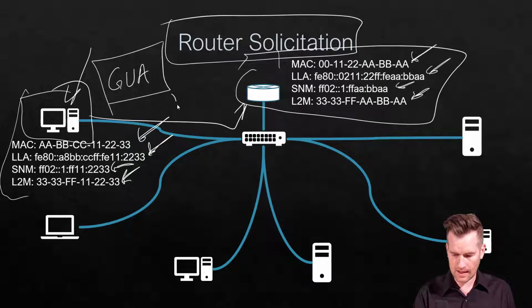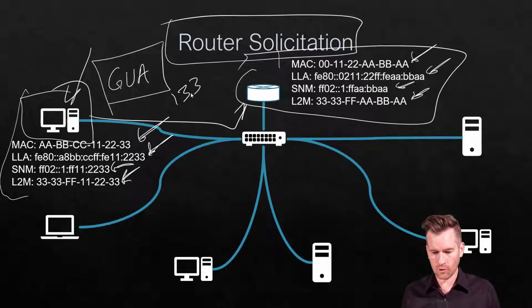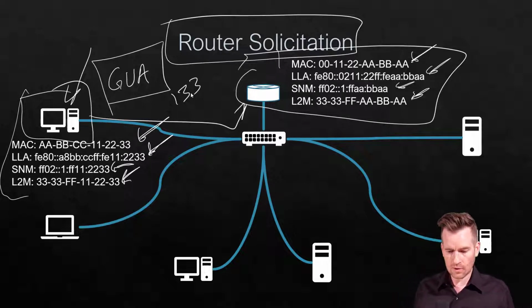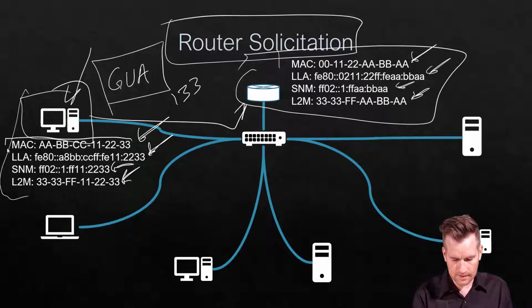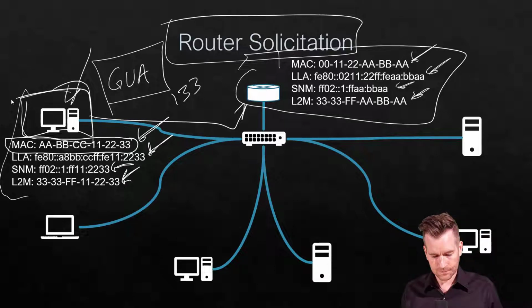As we mentioned, it's an ICMP type 133 that's going to be sent out. Let's talk about the addresses, both the layer 2 addresses and the layer 3 addresses that it's going to be sent out on. So the layer 2 source is going to be the MAC address from the device sending out the router solicitation.